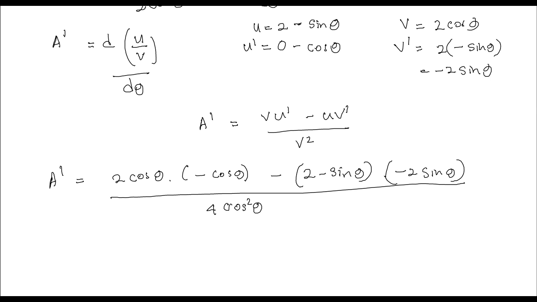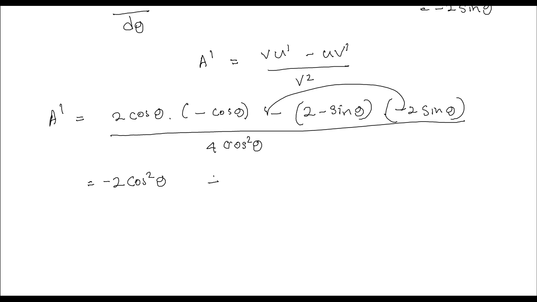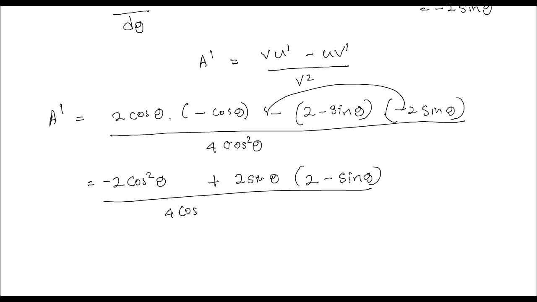Now this is minus 2 cos squared theta. So this minus that minus becomes plus 2 sine theta times 2 minus sine theta over 4 cos squared theta.